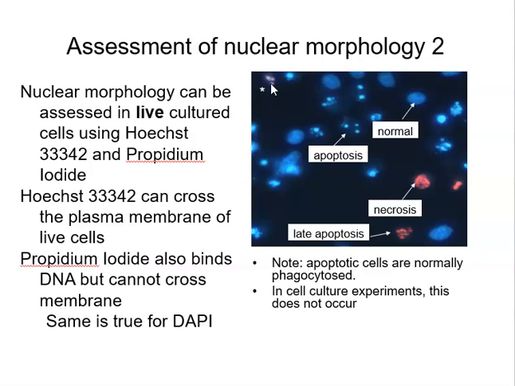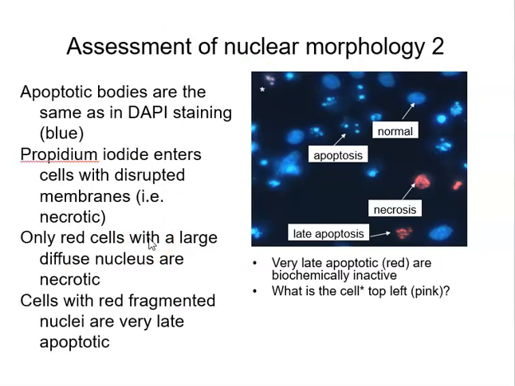So we can do live cell imaging and watch cells as they undergo apoptosis. And this is just further summarised here. The apoptotic bodies are just like DAPI staining. You get the condensed apoptotic bodies, either fragmented nuclei or condensed nuclei, or sometimes crescent nuclei, whereas anything that is large and diffuse is normal, anything that's large and red is necrotic, anything that's fragmented and red is late apoptotic.